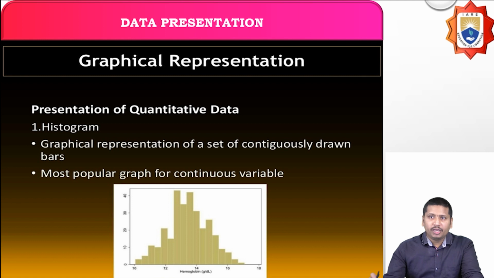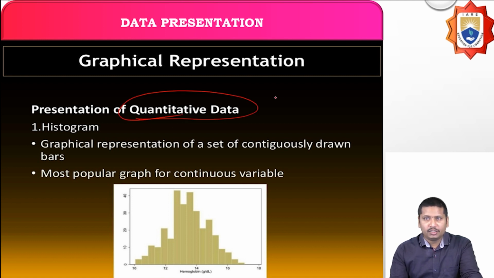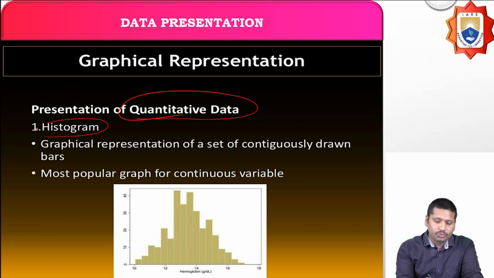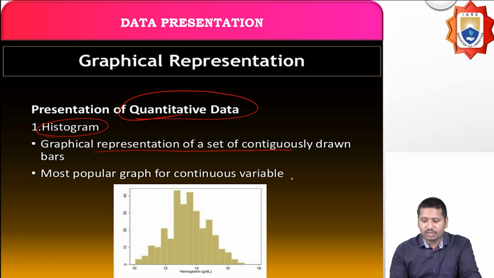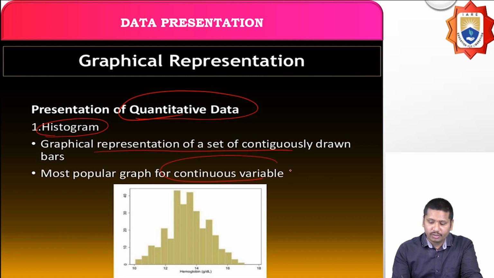And next one is the presentation of quantitative data. Till now, what I said was the qualitative one. Now I'm going to say what the presentation of quantitative data should be. For that I'm going to use the histogram. A histogram is a graphical representation of a set of continuously drawn bars, and the most popular graph for a continuous variable.